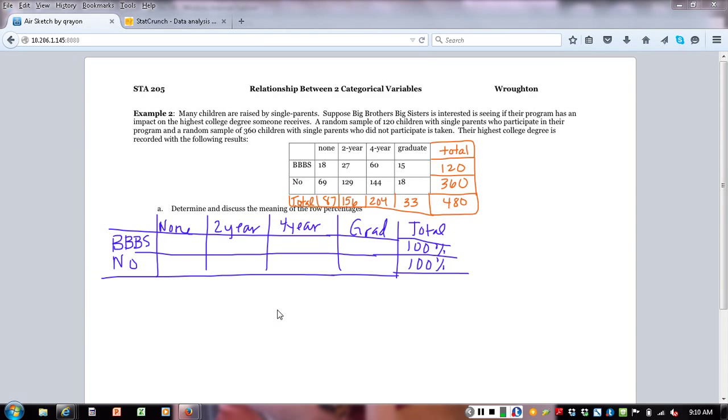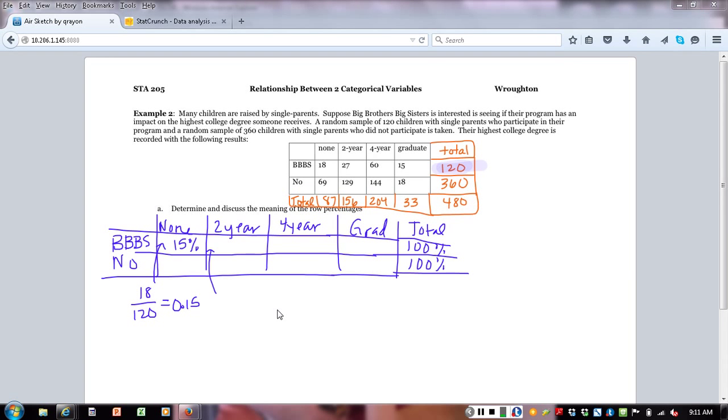And this is a reminder of how to get these numbers. When I'm looking at the Big Brothers Big Sisters row, for my total, I'm always going to be using the 120 here. So to get my number that's going to go here, I'm going to take my 18 out of the 120, which gives me 0.15, which will give me 15% there.